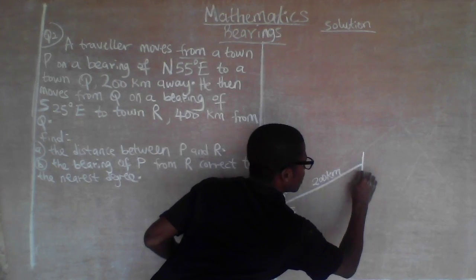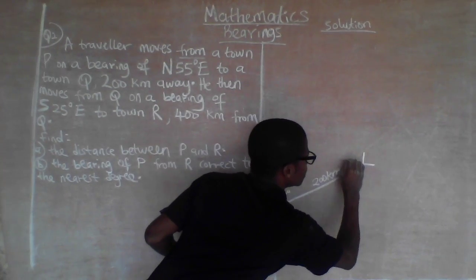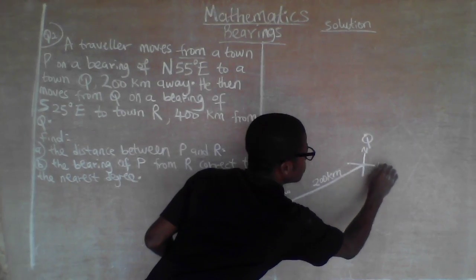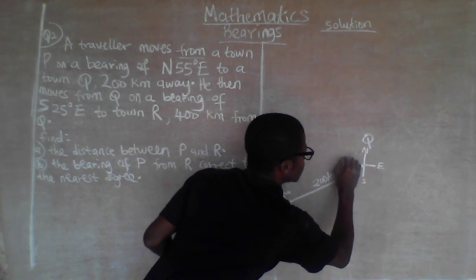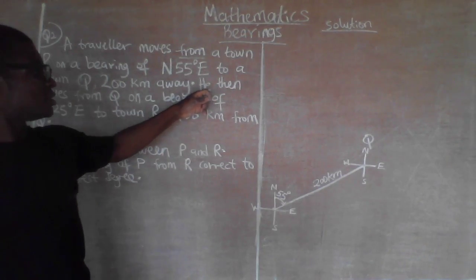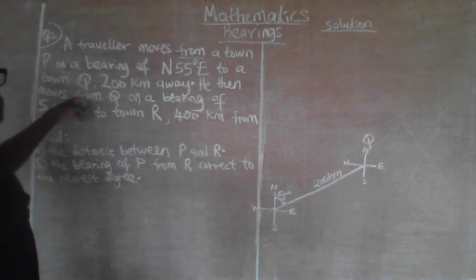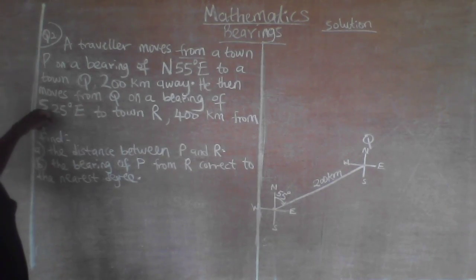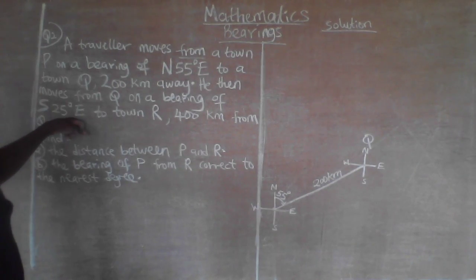I'll draw another Cartesian representing town Q, and put the cardinal points north, east, south, and west. The next statement says that he then moves from Q on a bearing of south 25 degrees east.